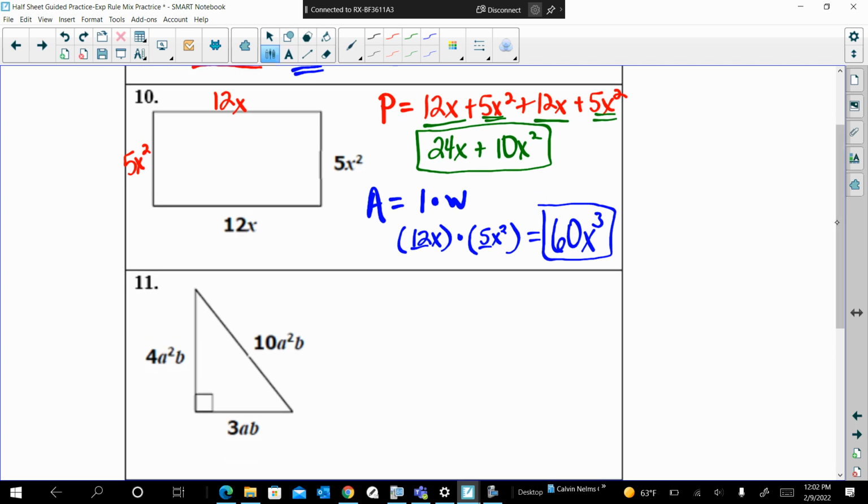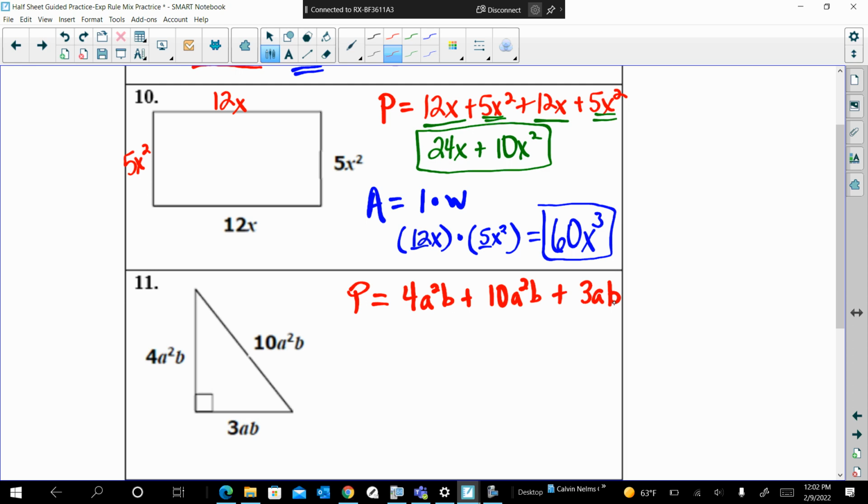All right, so if I'm doing perimeter of this triangle, adding up all the sides, we got 4a squared b plus 10a squared b plus 3ab. We're adding up all the sides, and we're only combining the like terms.